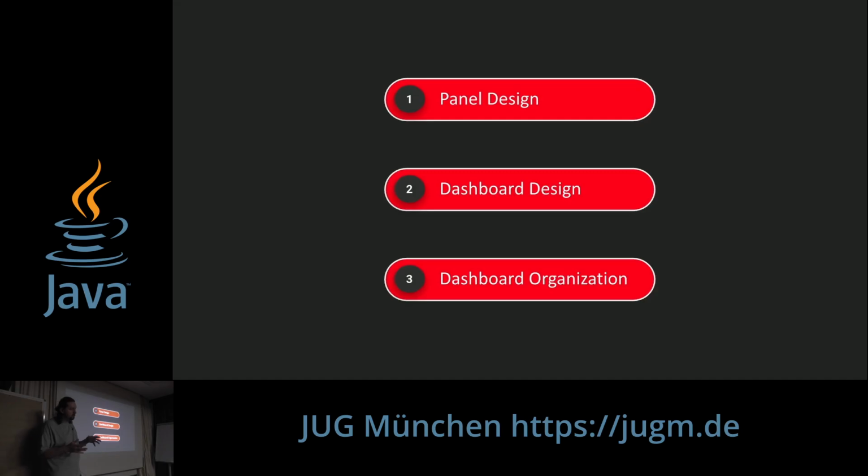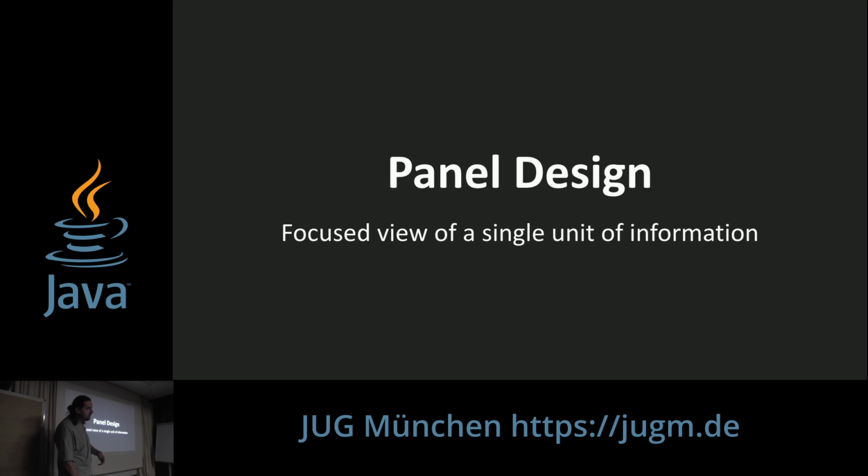Then the dashboard design as the second stage: how do you combine multiple small panels to deliver a story? And the dashboard organization and management: how do you combine multiple different stories into one single catalog you can easily browse through? So without further ado, let's jump into panel design.